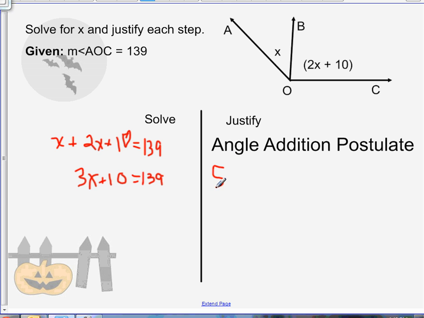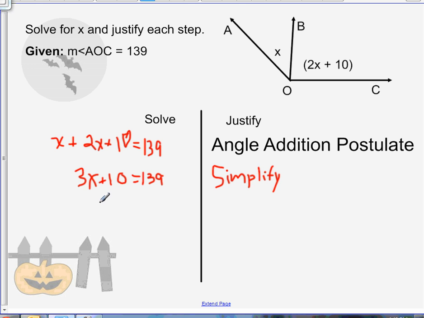Okay, so we're just doing the problem, we're just simplifying.